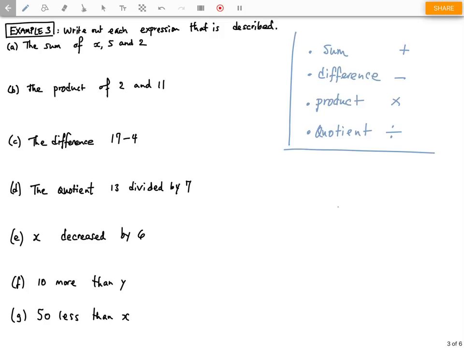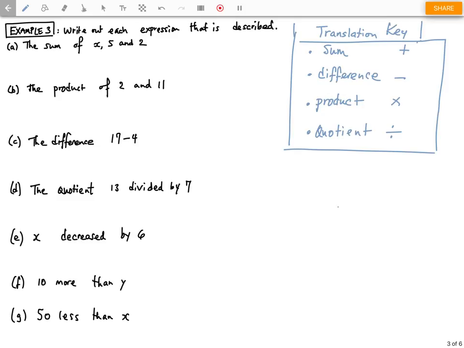So think of this as like a translation key. Mathematics is a language, and we're learning symbols and grammars and all these vocabulary words, and then we're going to try to understand and apply them in a mathematical situation and real world situation.